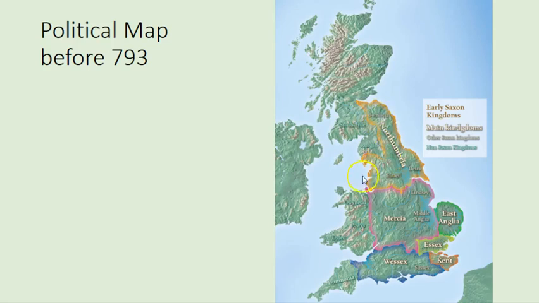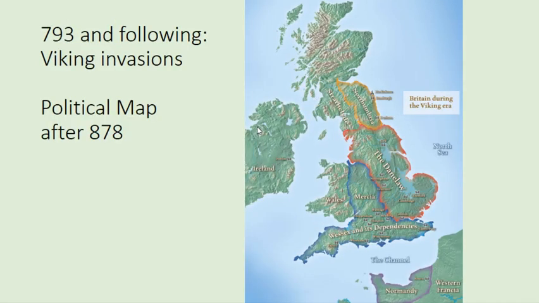So all of this was England before 793, roughly speaking. 793 is the cataclysmic beginning of the Viking invasions. Now, when we talk about Vikings, what we're talking about are Danes and other what were called Northmen or Norsemen. And some of these Northmen went down and conquered parts of France where they became the Normans, or the Northmen.